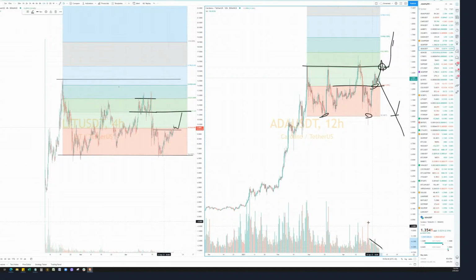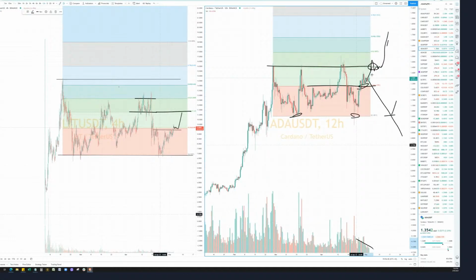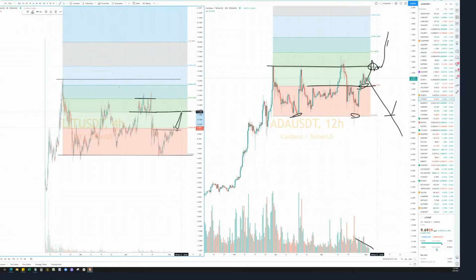Volume doesn't give you much in this scenario. So yeah, that's my ADA analysis. It's going to go up to there, consolidate for a short time, and then it's going to get momentum to go to the next level. So what is that?